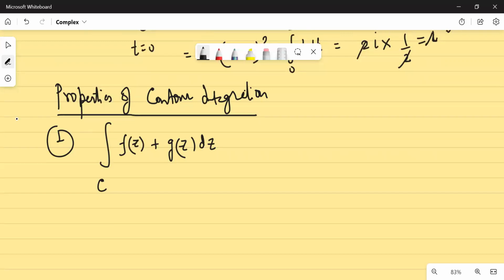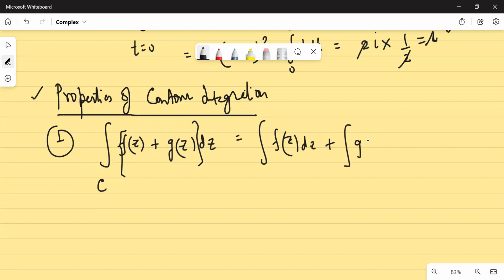So I'm doing some properties of contour integration, and they would be the same as what you see in definite integration, that is, in your standard 12th class. So that is the same. If you are having a sum function, this will preserve the linearity.